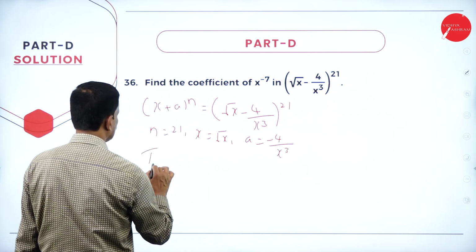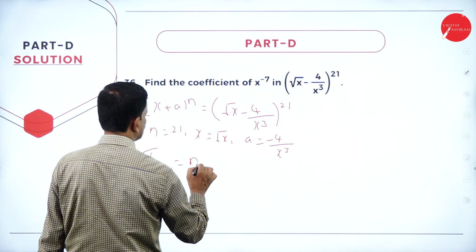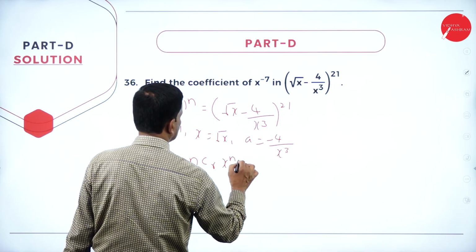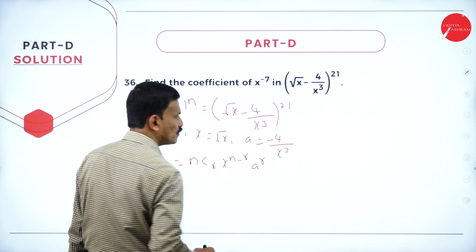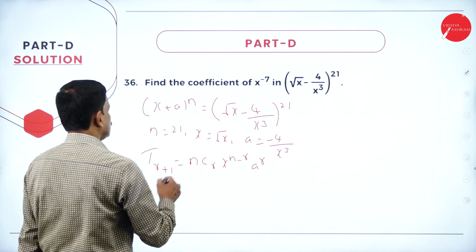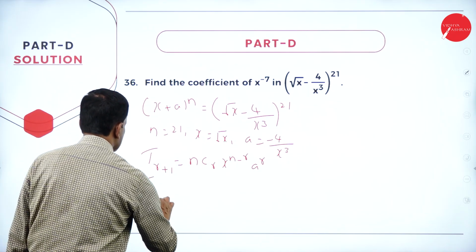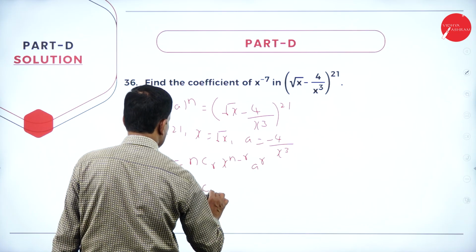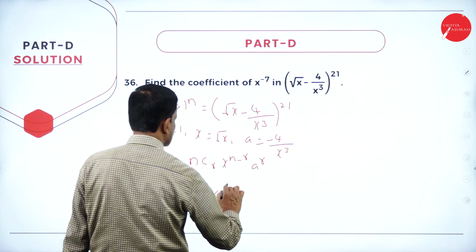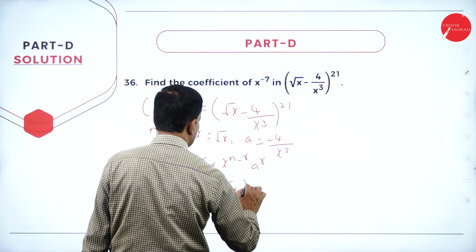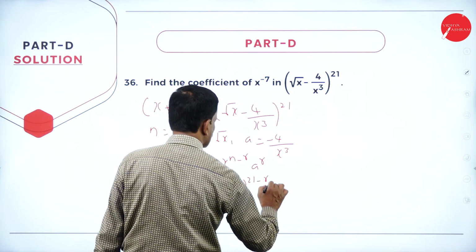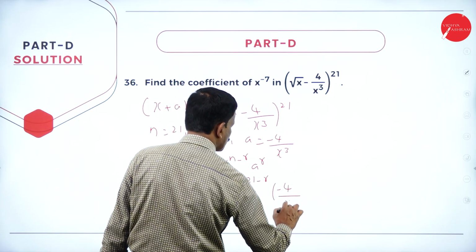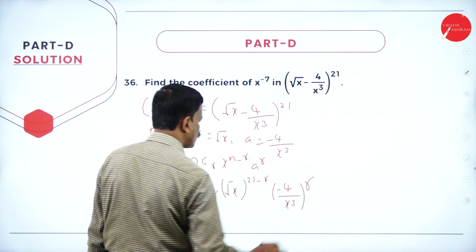What is the general term? The term T r plus 1 is equal to n C r x raised to n minus r into a to the power of r. Now T r plus 1 is equal to 21 C r, (root x) to the power of 21 minus r, into (minus 4 by x cube) whole to the power of r.